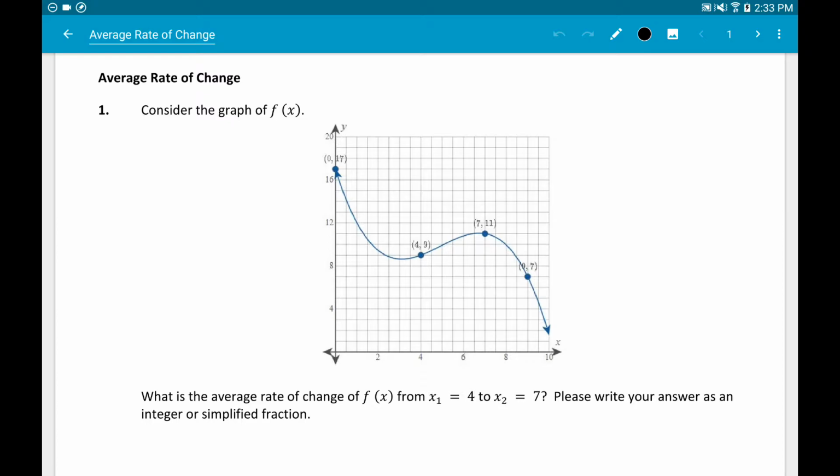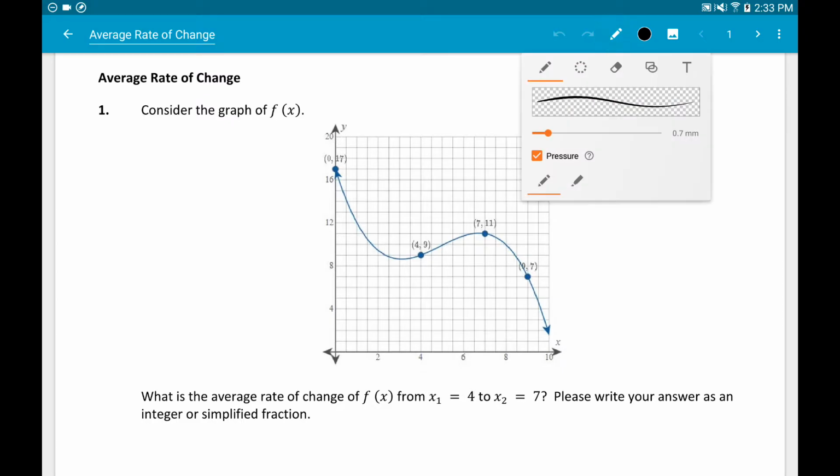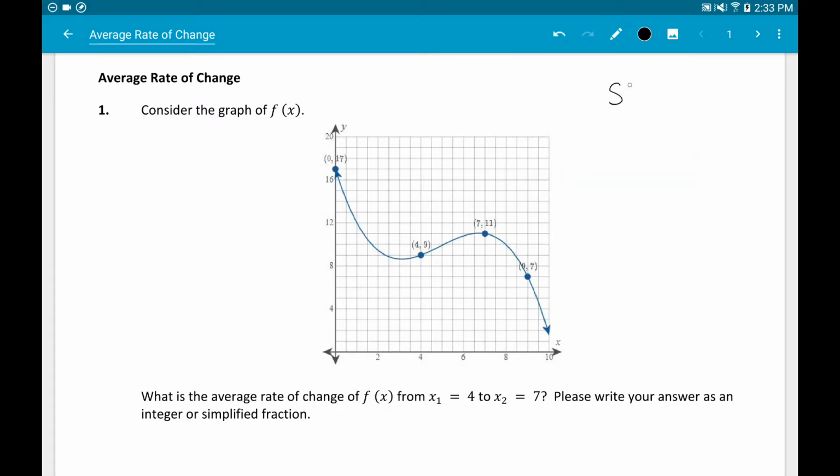Okay, so first thing, let's remember the formula for slope from algebra. In algebra, slope was always denoted with the letter M. Every book I've ever seen has always used the letter M for it anyway. And it was basically the change in the y values over the change in the x values.